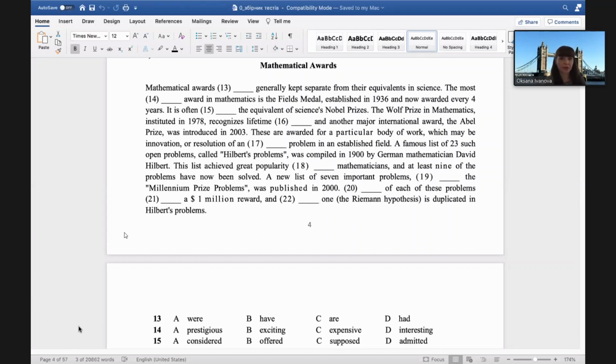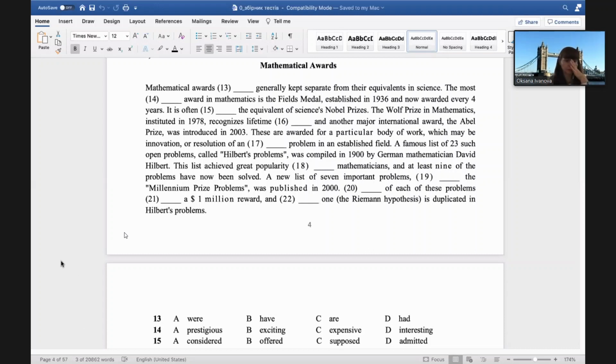I'm waiting for your answer. Let's read and choose at the same time. Okay. So in this way, we can discuss if we have any doubts or any arguments.